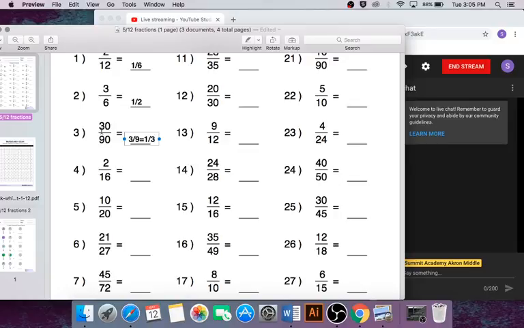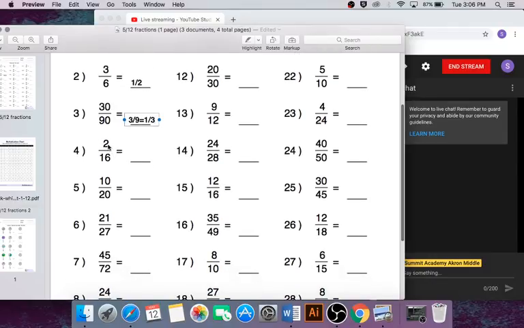And if we go back to our original fraction, 30 times 1 is 30, and 30 times 3 is 90. So 30 is the biggest number that goes into both of those.